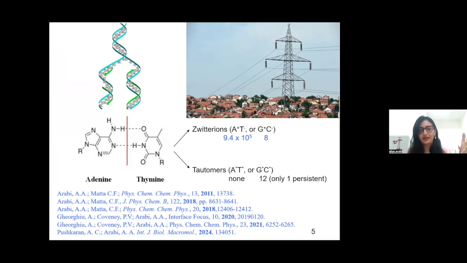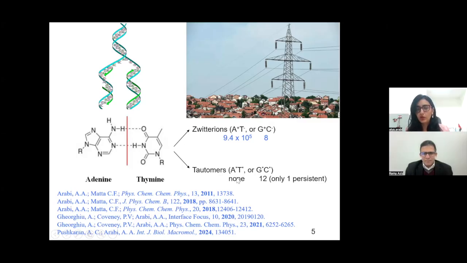So for example, it can happen with one proton moving to the other side, and that will create something called Zwitter ions, such as the A plus T minus base pair or the G plus C minus. It can also happen with two protons moving to the wrong sides, and that will create something called tautomers, or in other words, A star T star or G star C star.